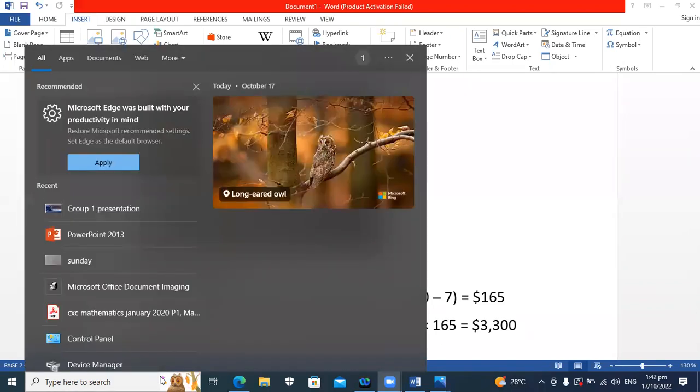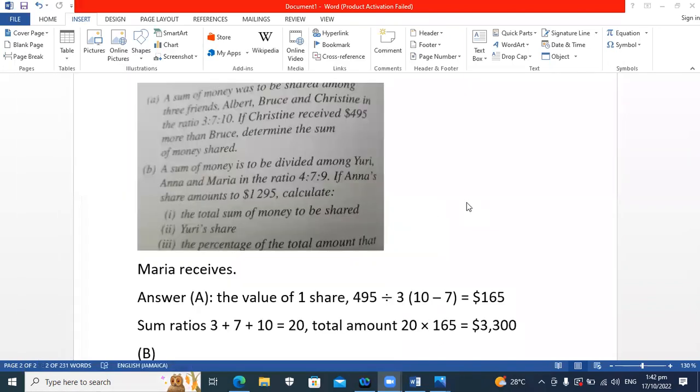Sir, yes. You have to find your share. Why wouldn't you put 7 or 9? Because you ask for your share, so your share would be 4.